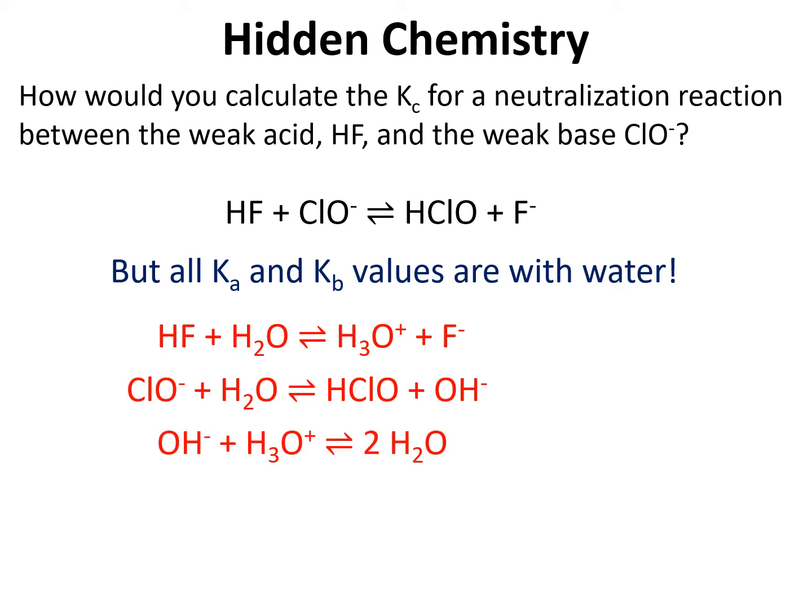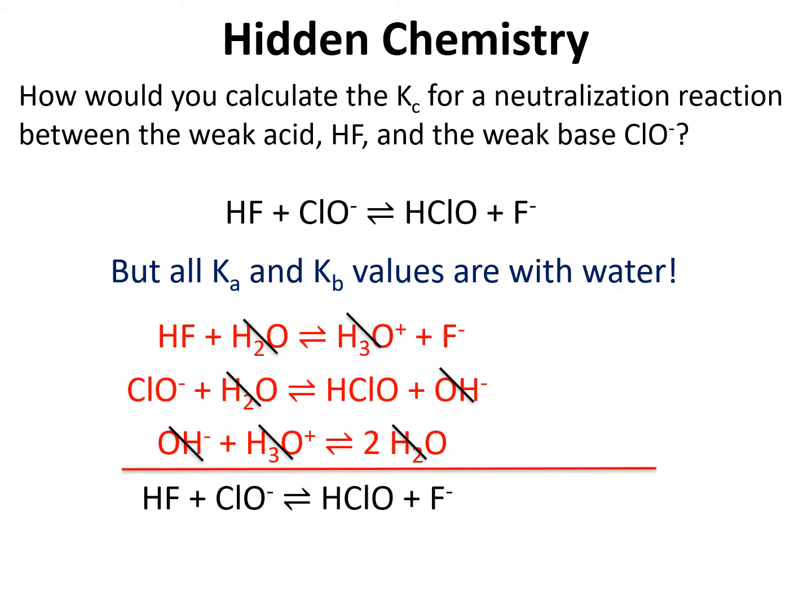So I can use the ionization of water to help me balance everything out so that I have only what's left in black, right? So my waters will cancel. My H3O pluses and my OH minuses will cancel. And so if I start to add all these reactions together, I will exactly match what my black reaction says. And if I think about now, how would I get an expression for it?